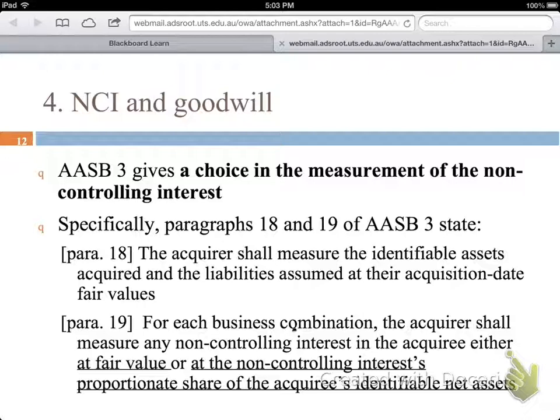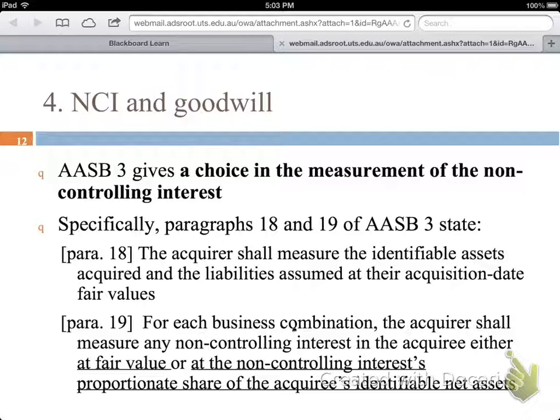Non-controlling interest and goodwill. The accounting standard gives you a choice as to how you measure your non-controlling interests. First, you can either measure your non-controlling interests at fair value, or at the non-controlling interest proportionate share of the acquiree's identifiable net assets.